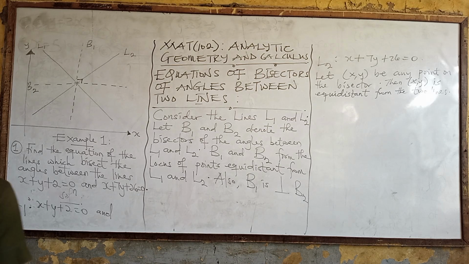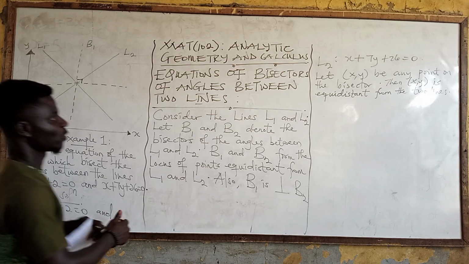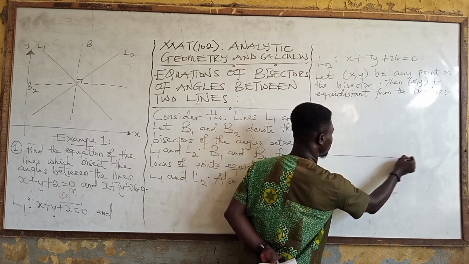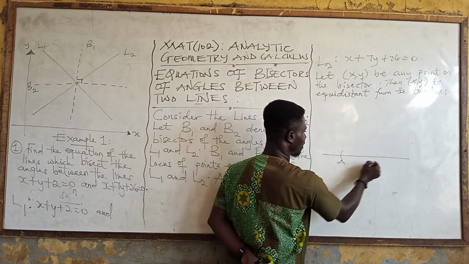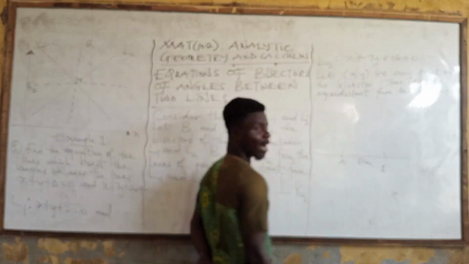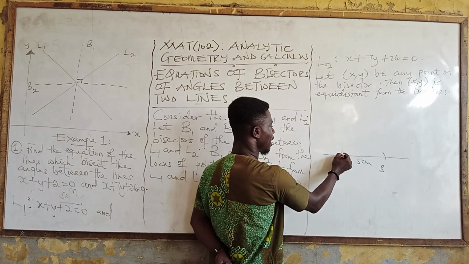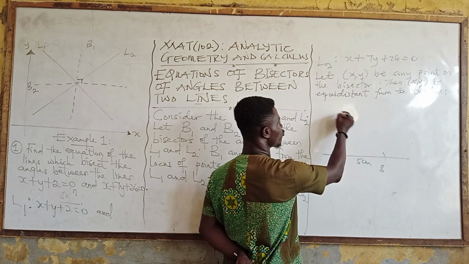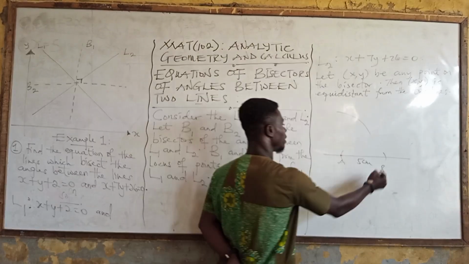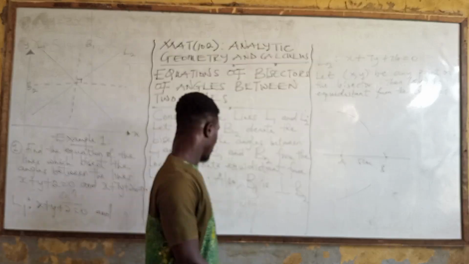So when you talk of equidistance, if I have a line segment AB of, let's say, 5 centimeters, and I want to bisect it, I step at point A, then draw an arc above and below the line segment AB. I do not close my compass.